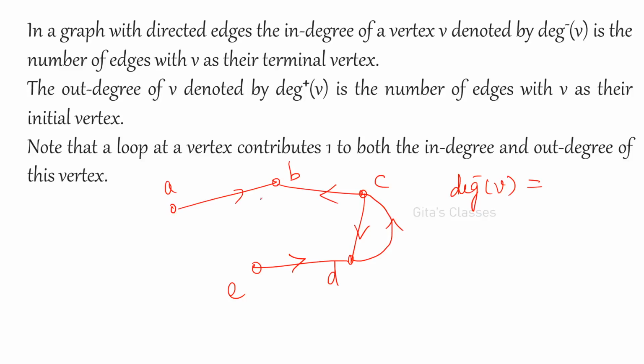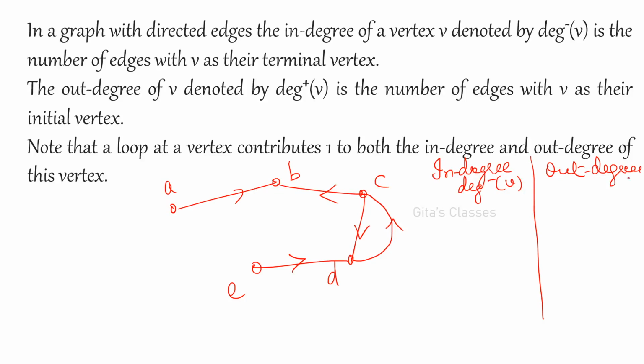The out degree is denoted by degree plus. We'll write both for all the vertices.